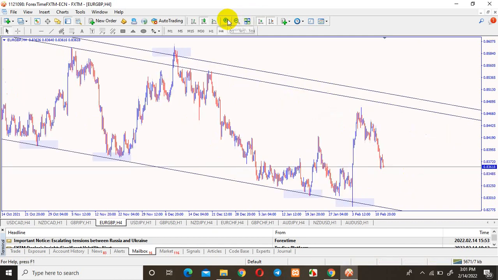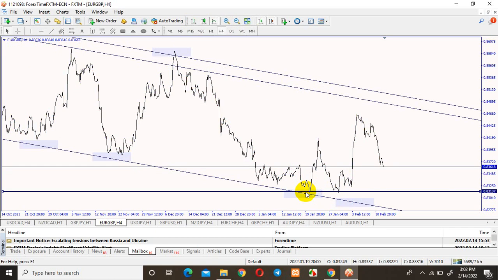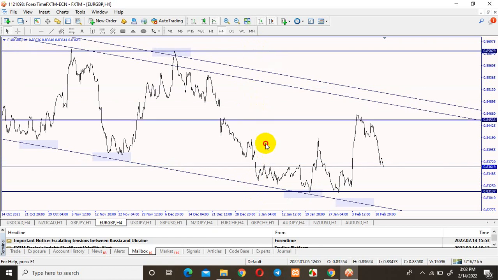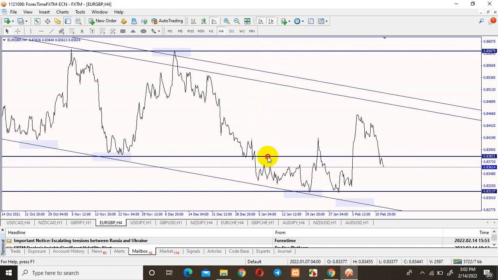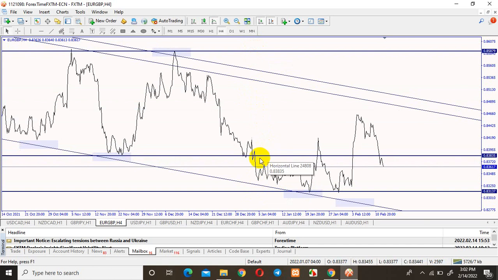Now, let me go to my line chart. On my line chart, we can have this as our support. Moving here, I have my resistance. Then creating another one here, we can see that price actually broke out of this.